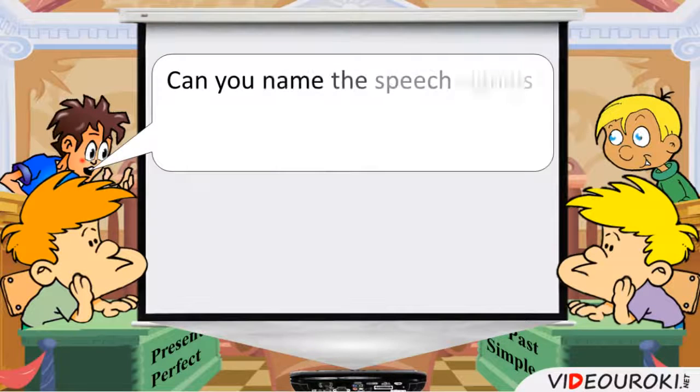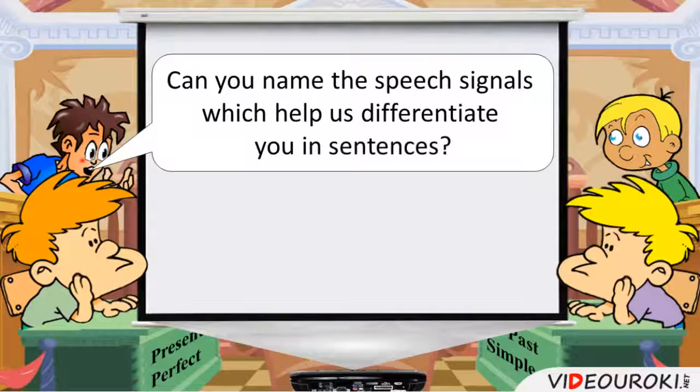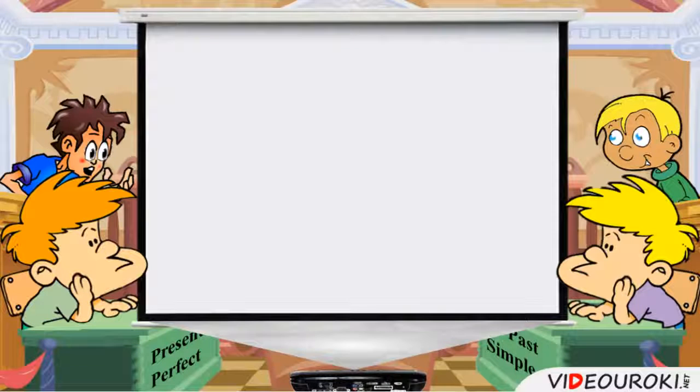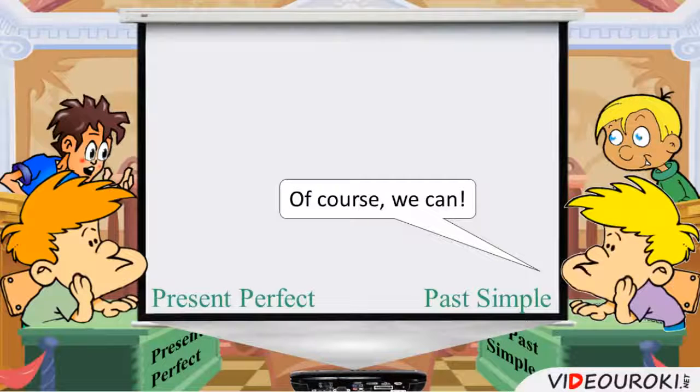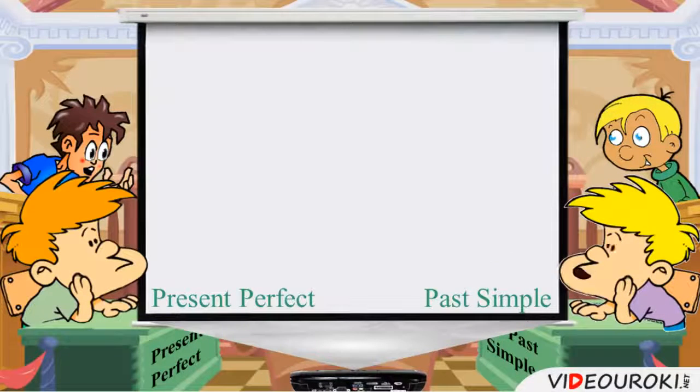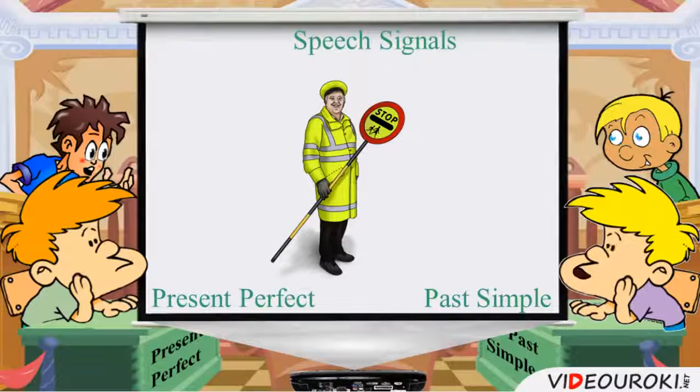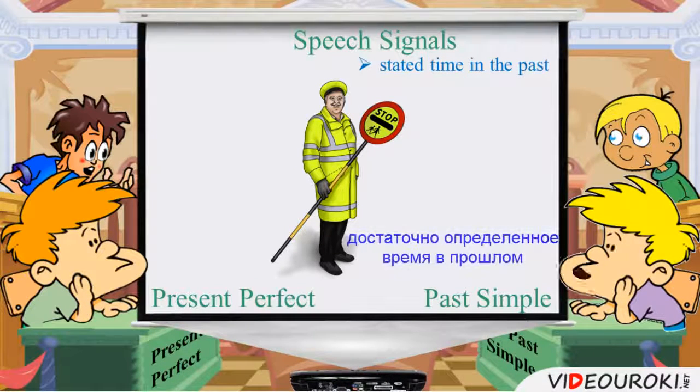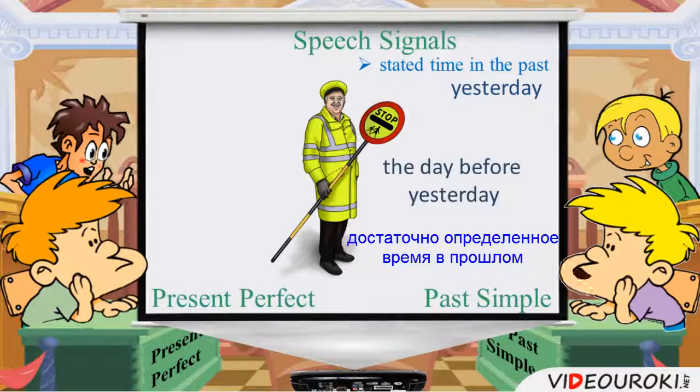Can you name the speech signals which help us differentiate you in sentences? Of course we can. Look at the words which mean a stated time in the past. Yesterday. The day before yesterday.